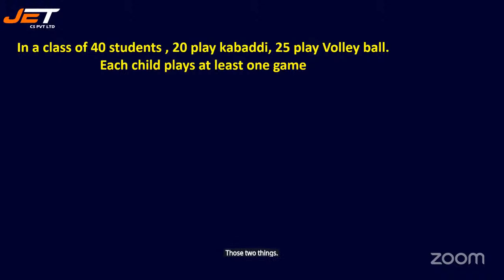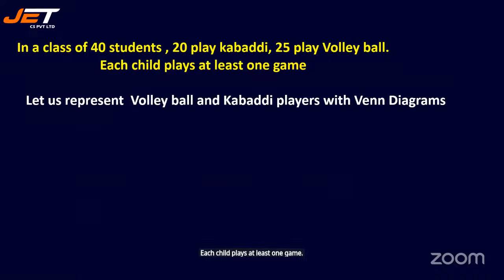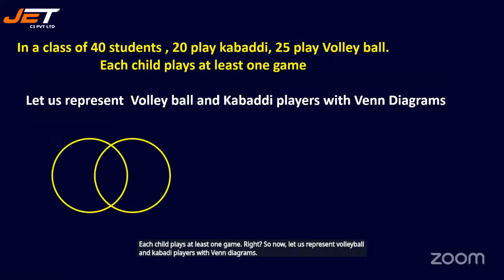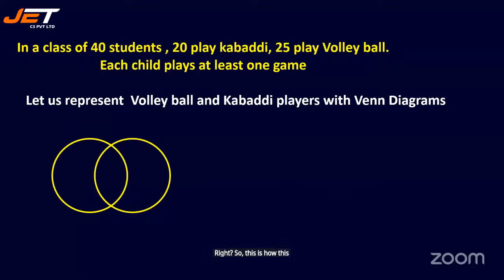See this question. In a class of 40 students, 20 play kabaddi, 25 play volleyball. Each child plays at least one game, right? So now let us represent volleyball and kabaddi players with Venn diagrams. So this is how this Venn diagram is being drawn.